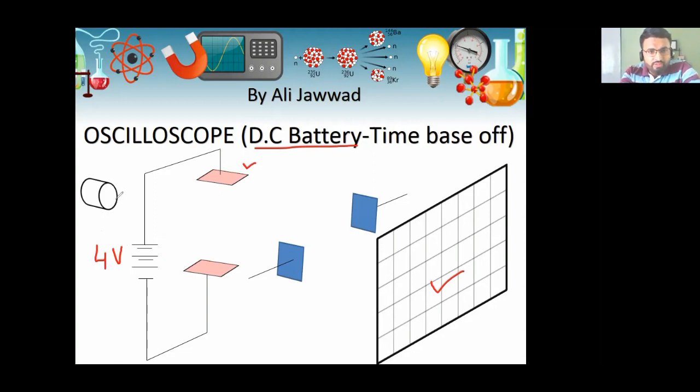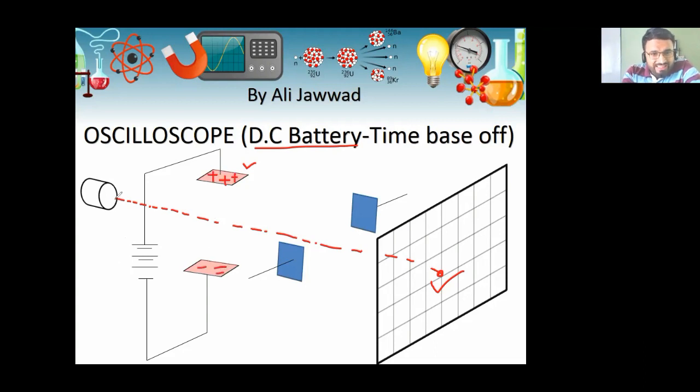The electrons incoming from this electron gun hit the screen at the center initially. However, when there is any device connected on the vertical plates, such as this one, the vertical plates will get charged positively as well as negatively.